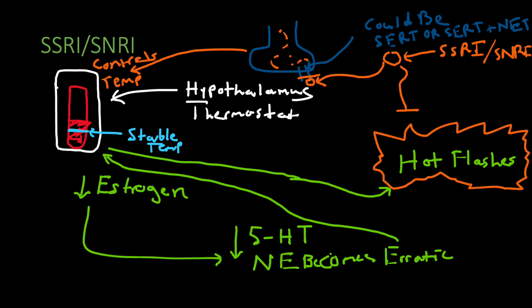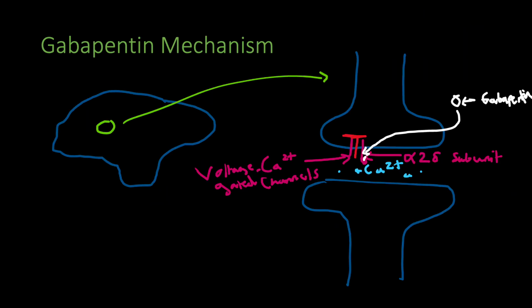And when it blocks it, it's going to prevent the release of serotonin and norepinephrine. So that's going to keep the temperature under control and prevent the hot flashes. So that's basically it, and the hypothalamus is basically stable again.